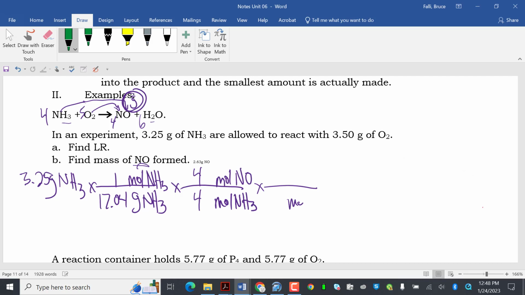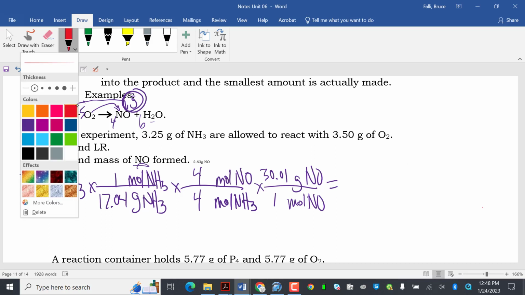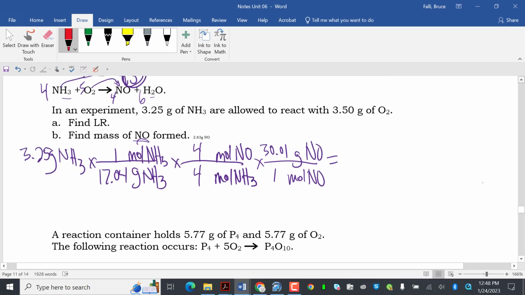I'm going to get rid of moles of NO, and I'm going to go into grams of NO. So now I'm not going to use 4, I'm going to use 1 mole. So 14.01 is nitrogen plus 16 is 30.01 grams of NO. So far, so good. I'm going to do pretty much the same thing, 3.50 grams of O2.